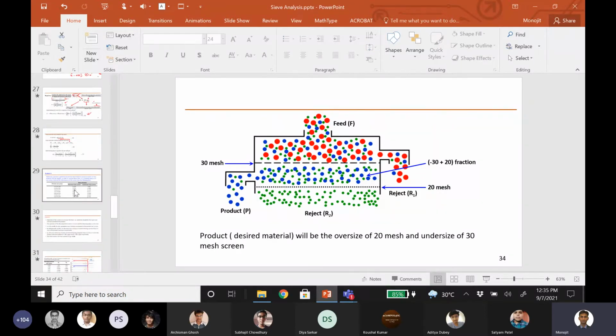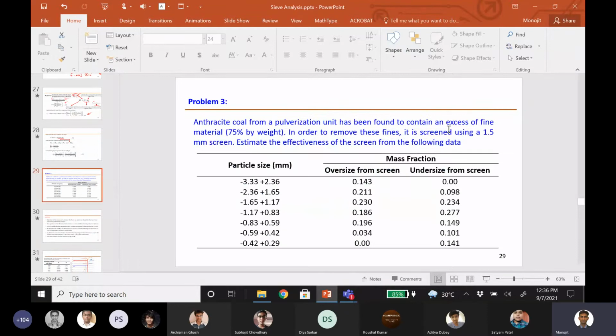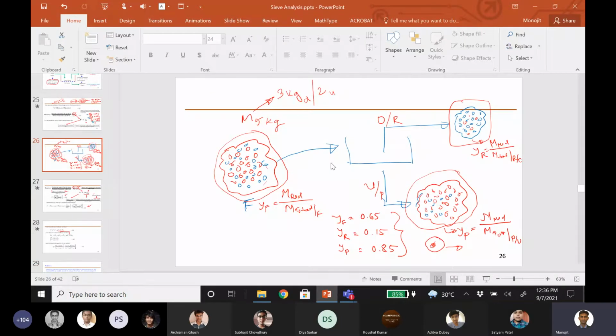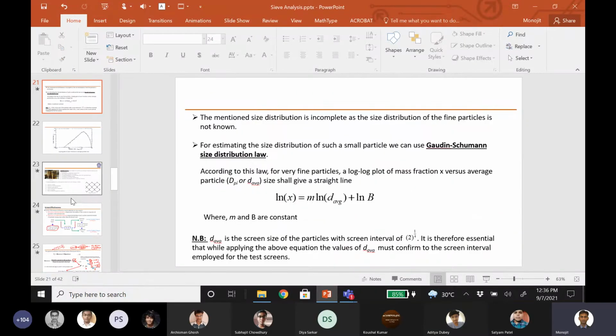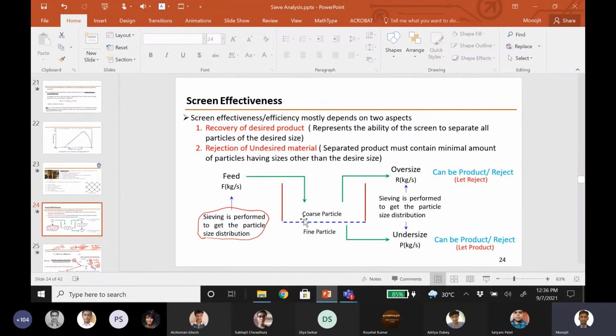And this is an industrial screen which has only a single screen. So you are using a screen to separate certain particles. But what is the efficiency of that screen in separating that specific range? That we find out by doing the sieving analysis of the feed stream, of the oversize, of the undersize. I think this is what I tried to discuss on that day. So when I define the efficiency, you see you have only one screen here.